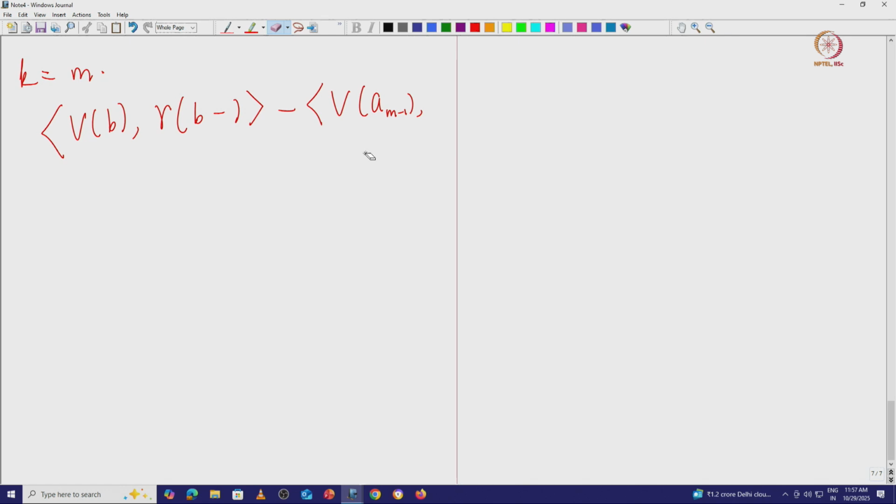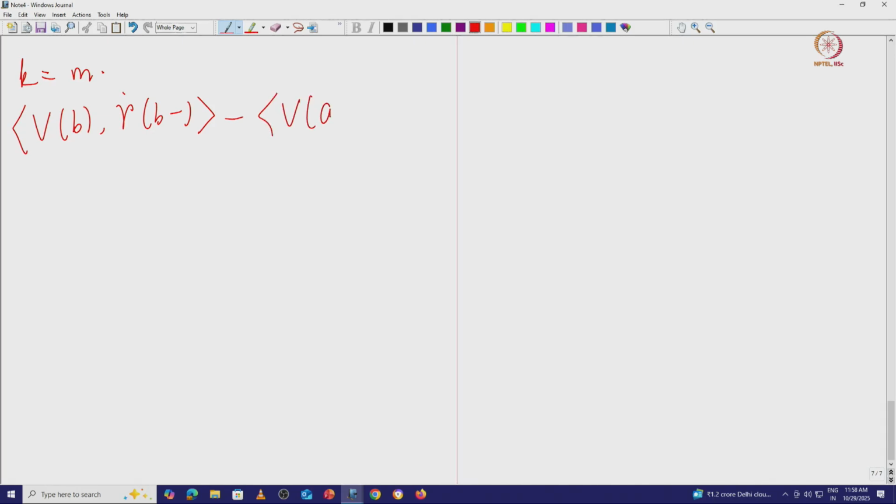So maybe let me write a bit smaller so that it fits in one line. So this is going to be v of b times gamma dot of b minus v of am minus 1 gamma dot of am minus 1 but from the right. Okay.